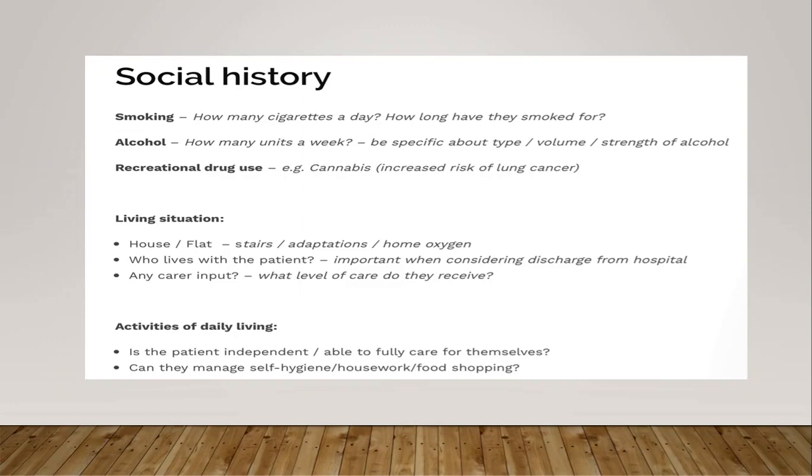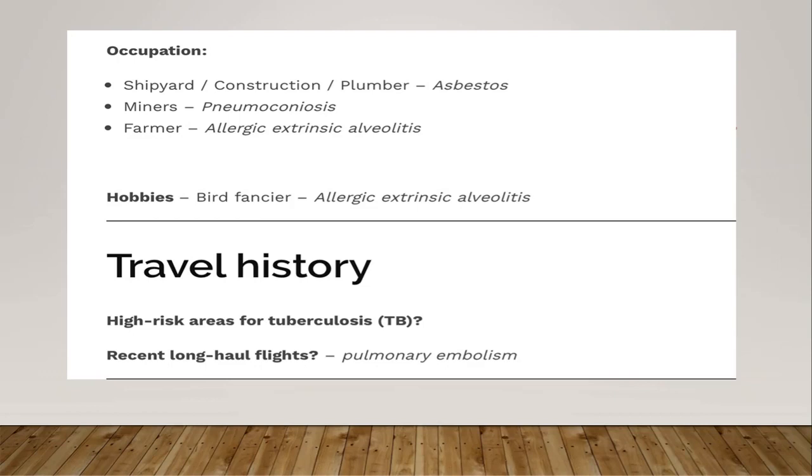Alcohol, how many units a week, recreational drug use, cannabis, living situation: house or flat, ventilated, stairs, home oxygen or not, who lives with the patient, any carer input, daily activity. Also we have to mention the occupation of the patient, which is very important in respiratory history taking. A patient working in a shipyard, construction, or plumbing may be at risk of asbestosis.